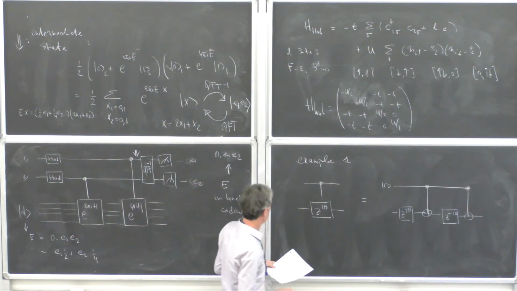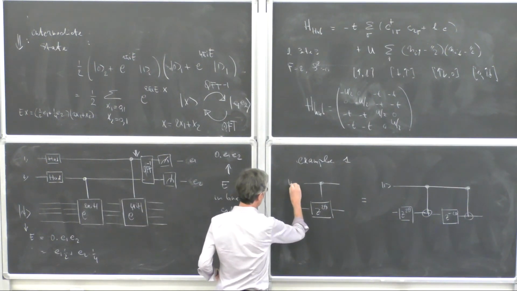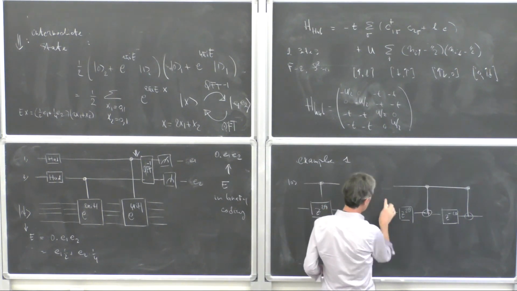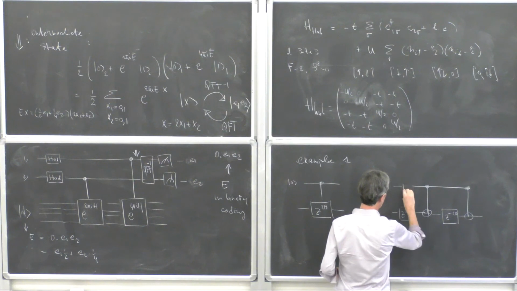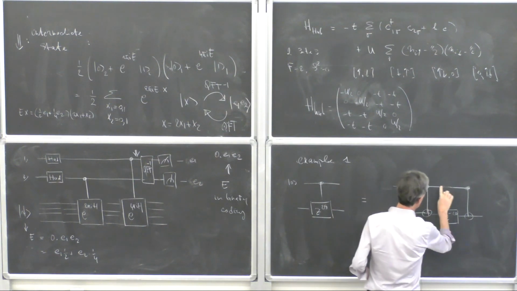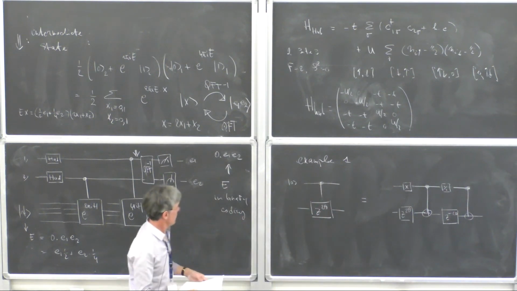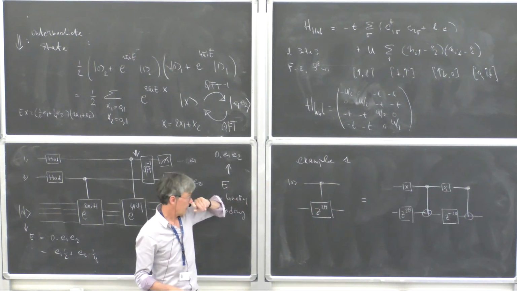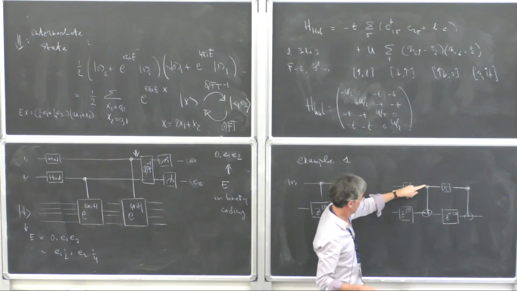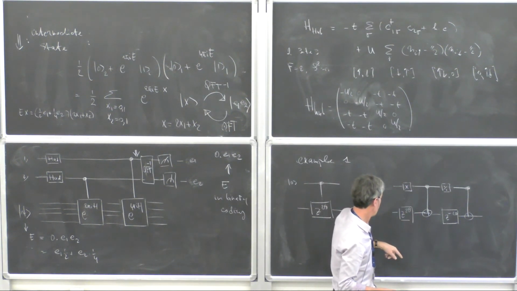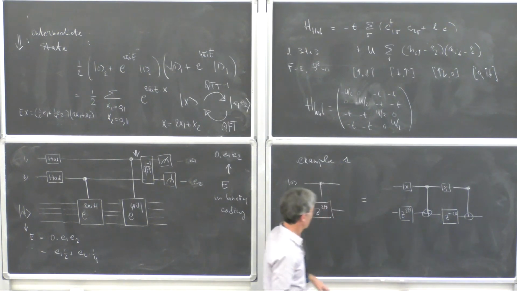The plan was if the top thing is in the 0 state, nothing should happen. Which means that I guess I need another x here, right? Because now if the top state is in the 0, it becomes 1, and the 1 flips this guy here. Am I making this too complicated?